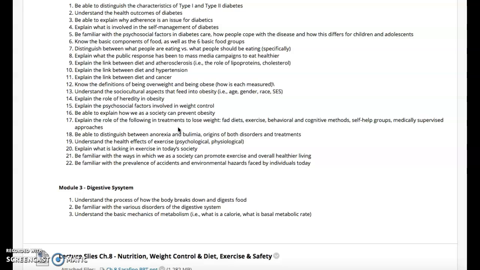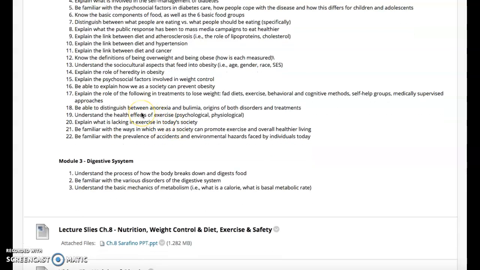We have fad diets, we have exercise, we have behavioral and cognitive methods, self-help groups, as well as some medically supervised approaches. So know the pros and cons of each of those, what's used most, and what that would look like for people. Then we're going to dive just very briefly into eating disorders, looking at anorexia and bulimia, the origins of both disorders, and the types of treatments available to people suffering from those.